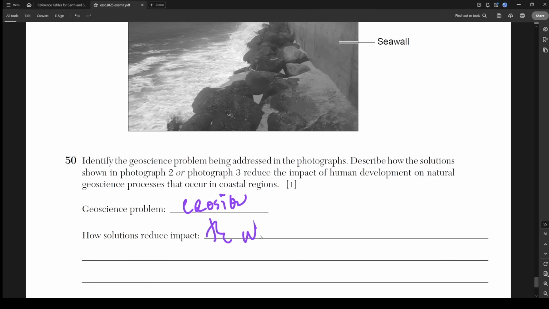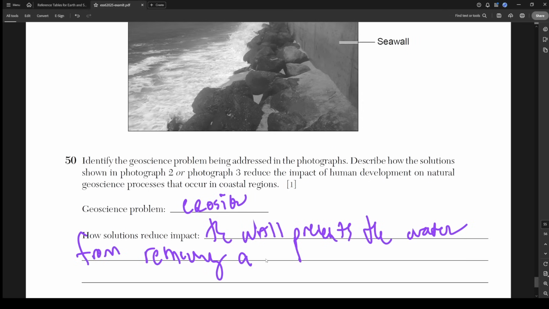The wall prevents the water from removing areas of the coast. And that's literally it. That was easy. Maybe 3 out of 10. I would probably say 2 out of 10 plus 1. We'll go 3 out of 10 for that one.